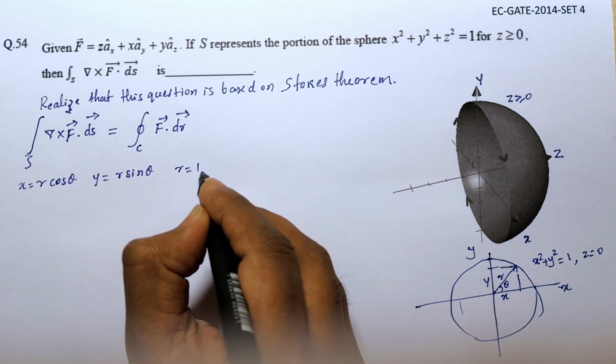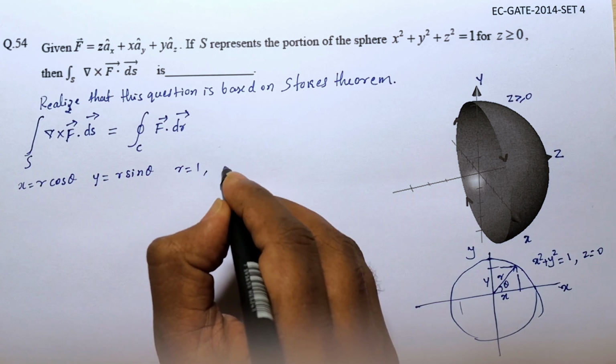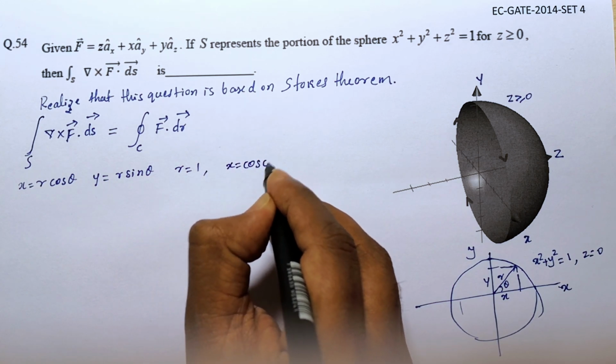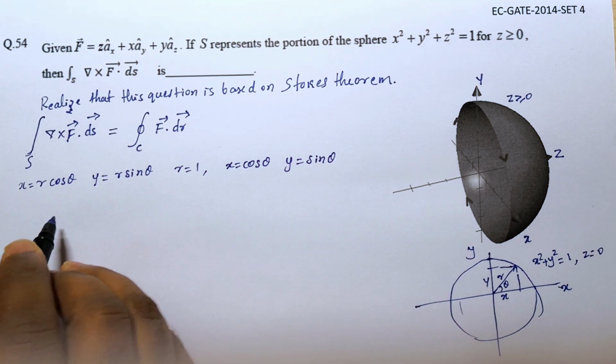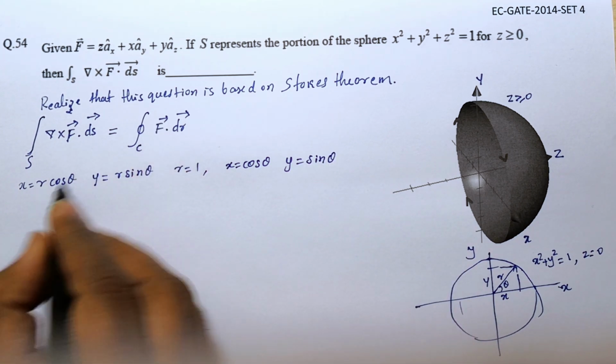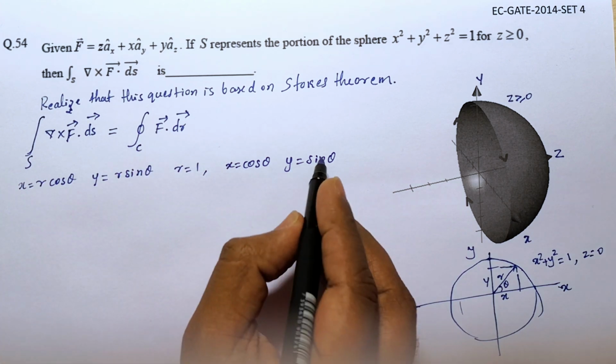So x is equal to cos theta and y is equal to sin theta. Now let us write the two vectors in terms of cos and sin theta.